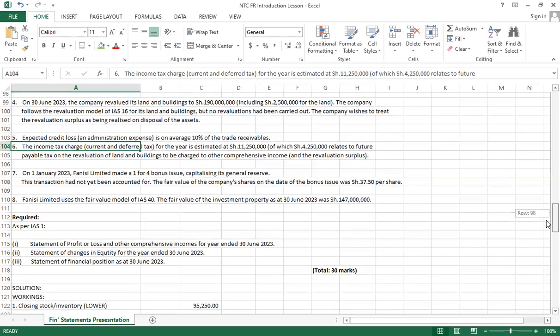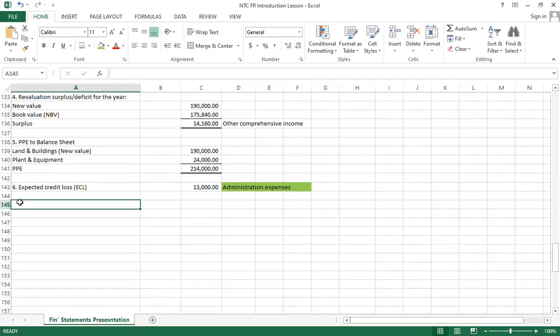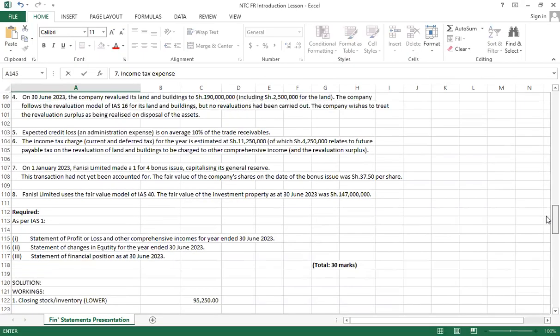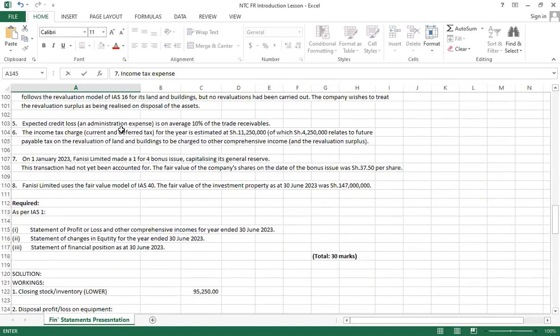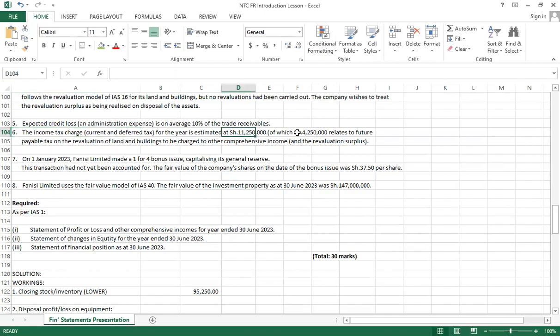So that note is talking about the concern under IAS 12, which is the income tax expense. It's very clear in this note that it comprises current and deferred taxation. Now the estimate for the current year is 11,250, of which this 4,250 relates to the future payable tax on revaluation of land and buildings.